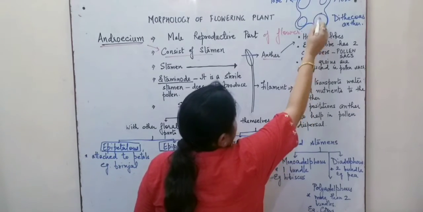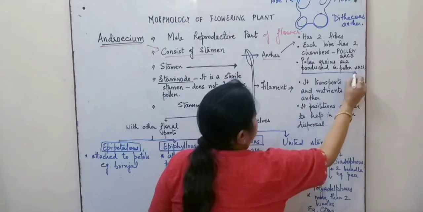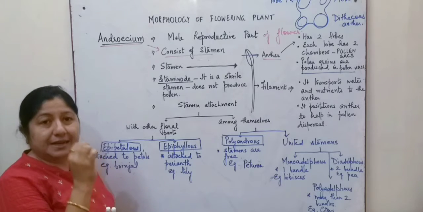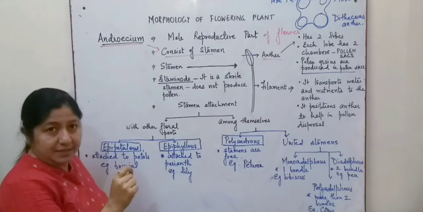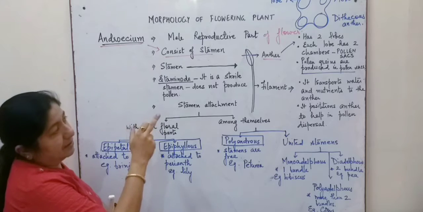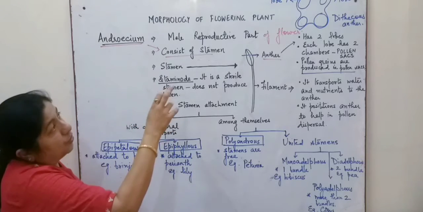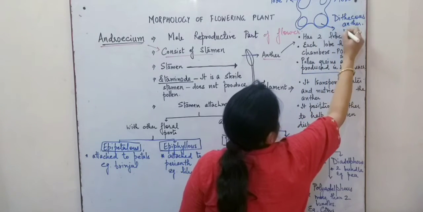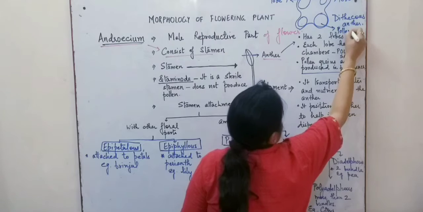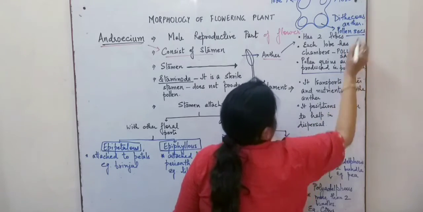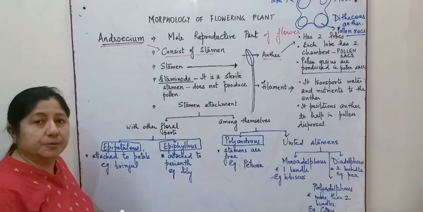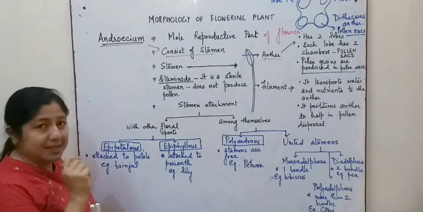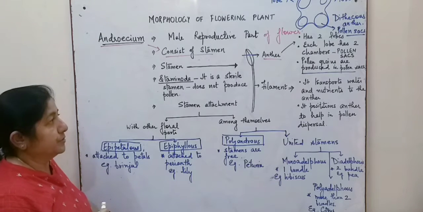Now the pollen sacs which are present over here are the site for the production of the pollen grains. So the pollen grains, which are the male gametes, will be produced within the anther, and the anther will have the pollen sacs. So over here each of these are the chambers or the pollen sacs. Now these pollen sacs are responsible for the production of pollen grains. So this is the structure of the anther and the site where the pollen grains are produced.